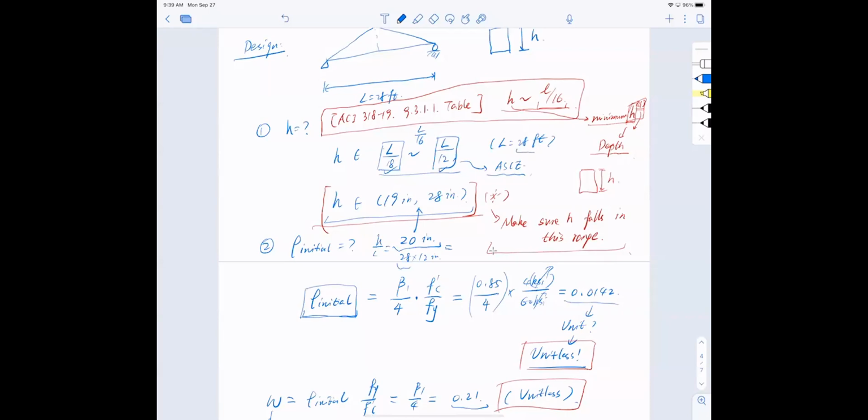20 over 28, right? What is it? 0.06. So let's do a 1 over something. So it's approximately 1 over 17.